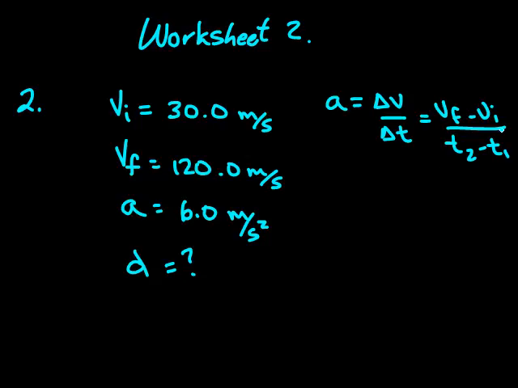You can see here that there's no distance in this whatsoever. As far as what we know and what we don't know in this question, we know the final velocity, we know the initial velocity, we know the acceleration, and we don't know the time. Okay, so we could calculate the time and then plug that into another formula. However, we could just simply look at another option here for a formula.